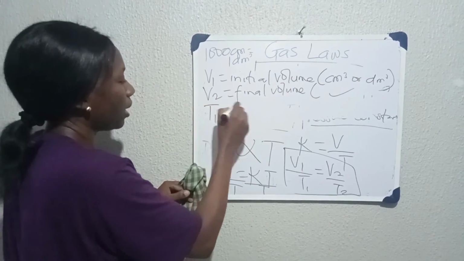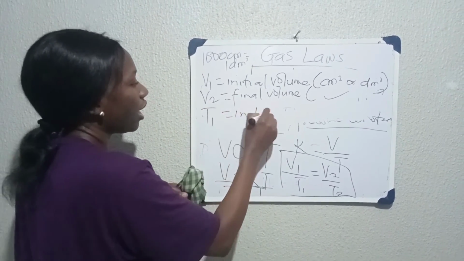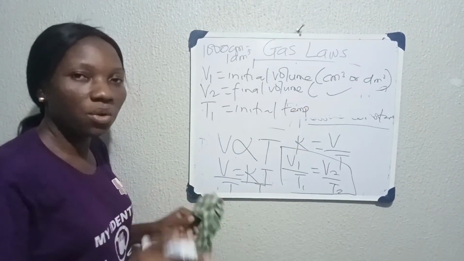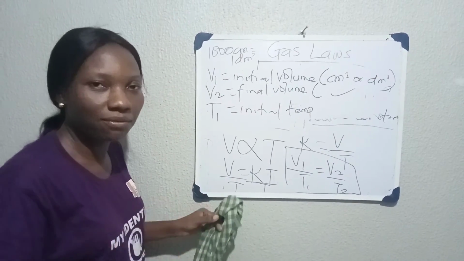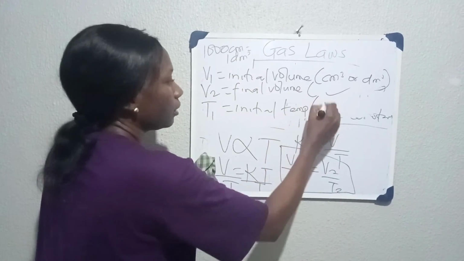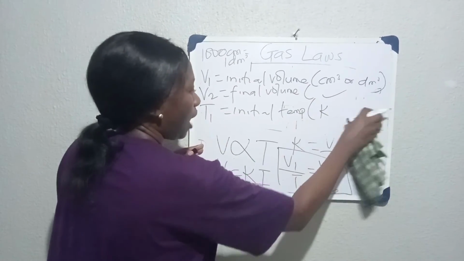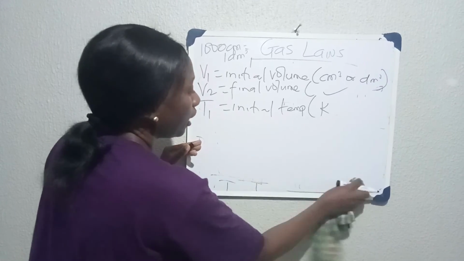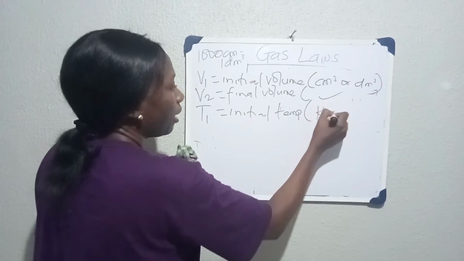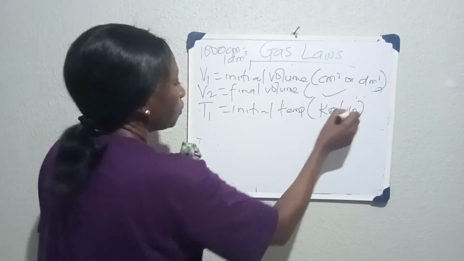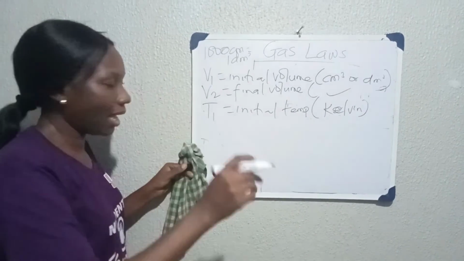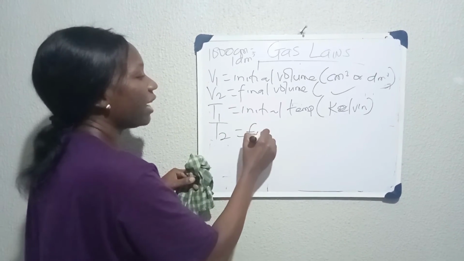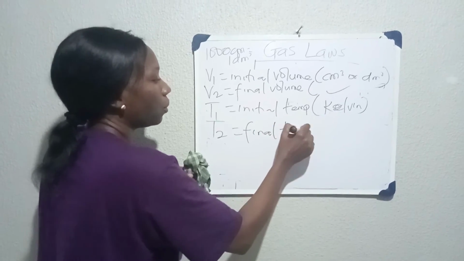And I have my T1 to be what? Initial temperature. Temperature here is always expressed as Kelvin. I will later teach us how to convert from degrees Celsius to Kelvin, because we make use of Kelvin for temperature. That's the standard measurement for temperature. So my T2 is my final temperature.